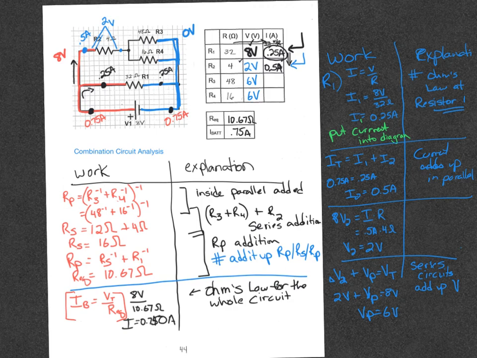And now it's a matter of finishing up where you simply do one more Ohm's law. I equals V over R. 6 over 48 is an eighth, 0.125 amperes, and 6 over 16, or 3/8, is 0.375 amperes.